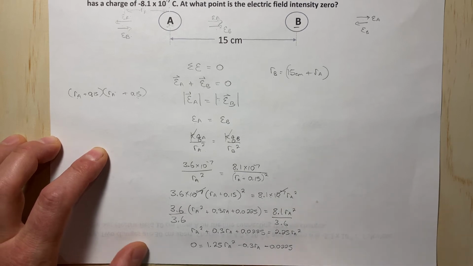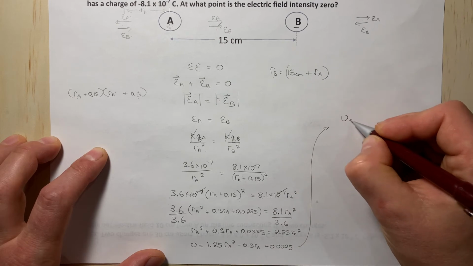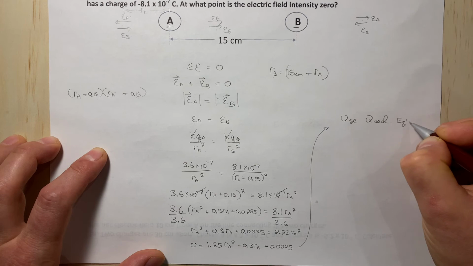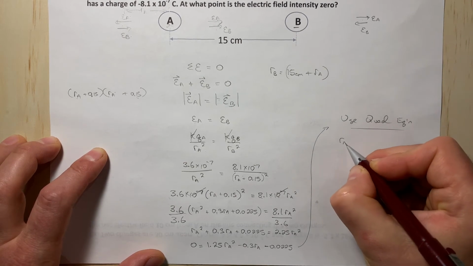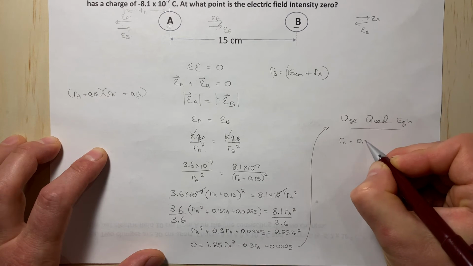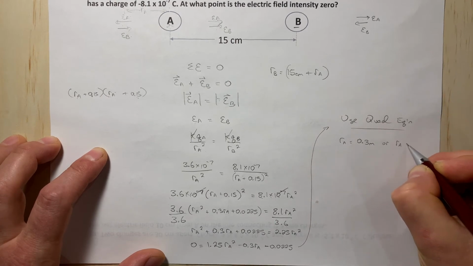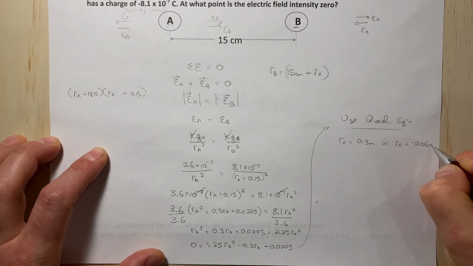We're going to use the quadratic equation, or is it the quadratic formula? I never remember. We're going to get two answers out of this thing. We're either going to get RA equal to 0.3 meters, or we're going to get RA equal to negative 0.06 meters.